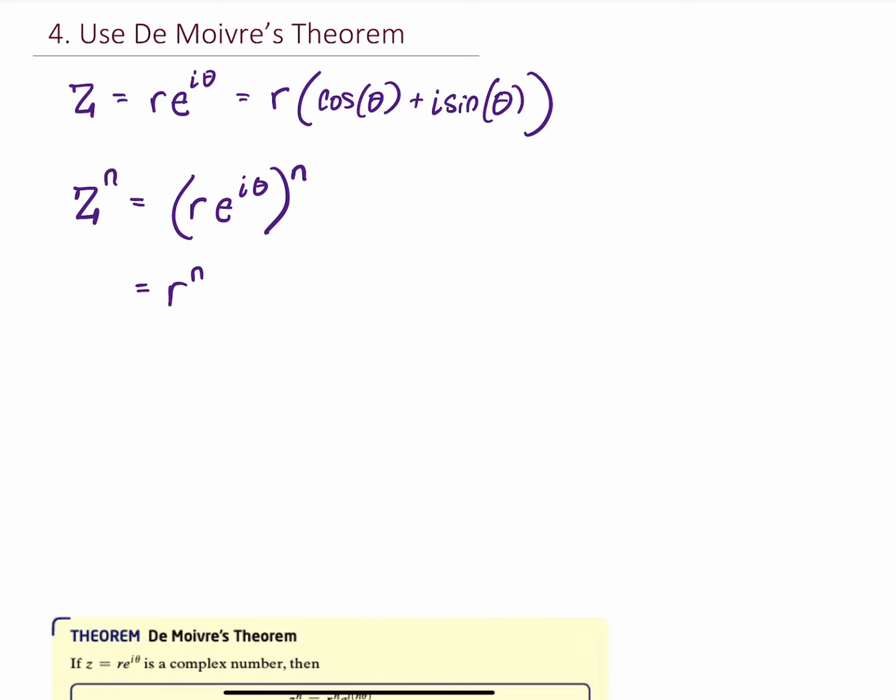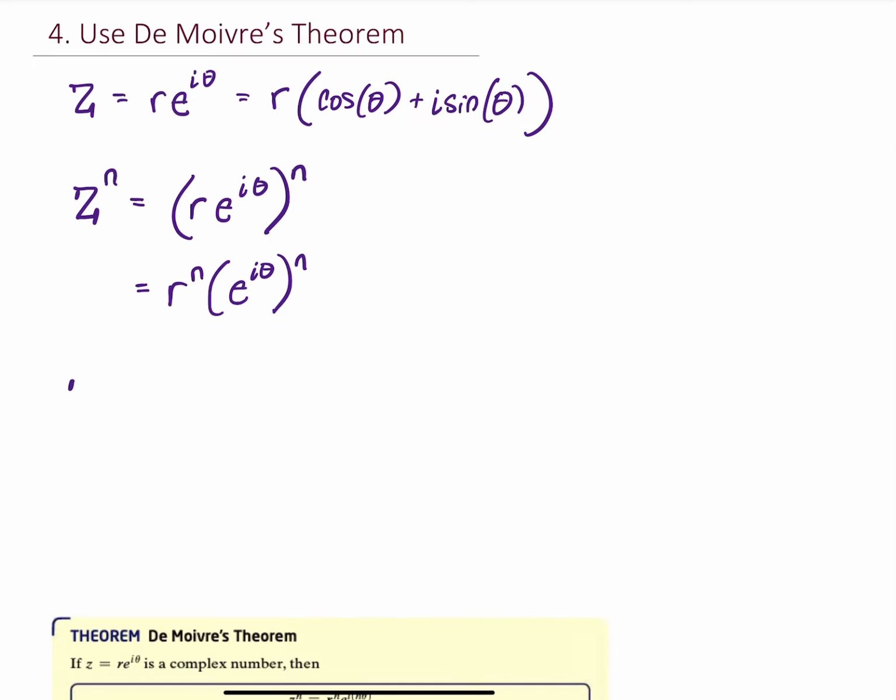This would be r to the power n times e to the power i theta to the power n. And then recall, if you raise a power to another power, like x squared cubed, the powers multiply. This would be x to the 2 times 3 power, or x to the 6 power. So that same property will apply here. So that n will multiply into that exponent.